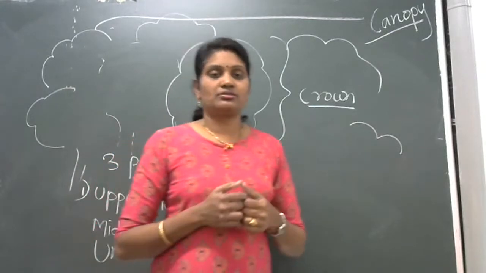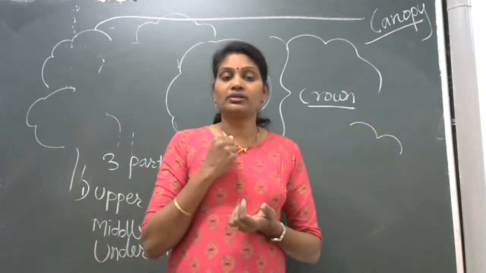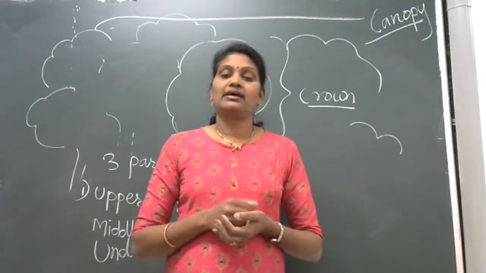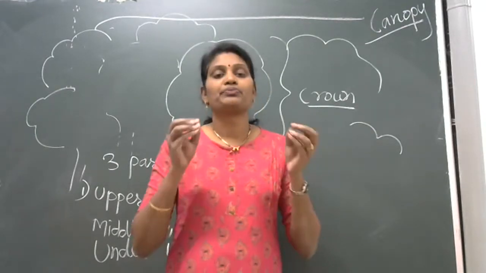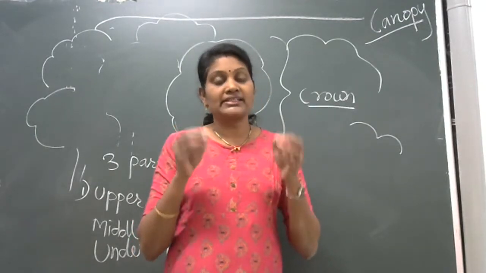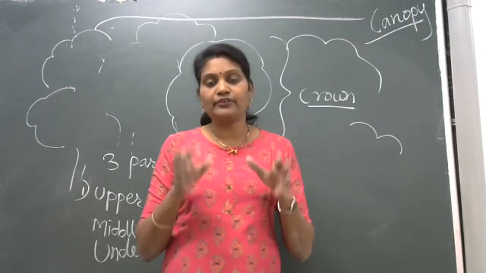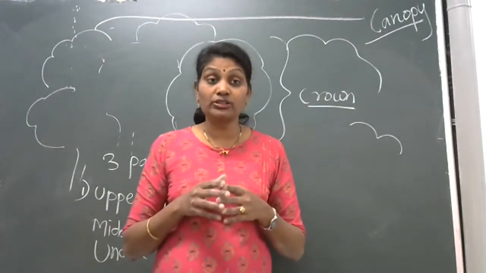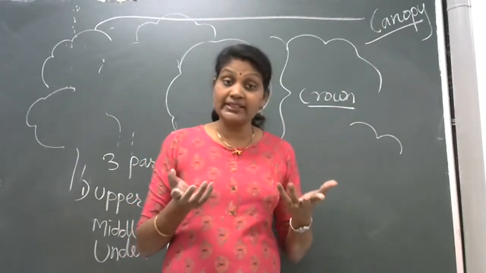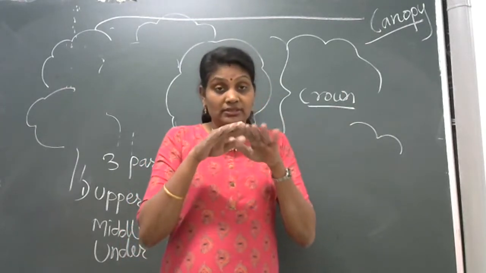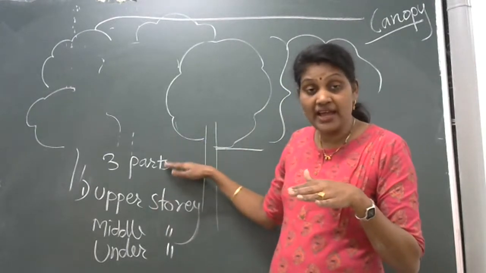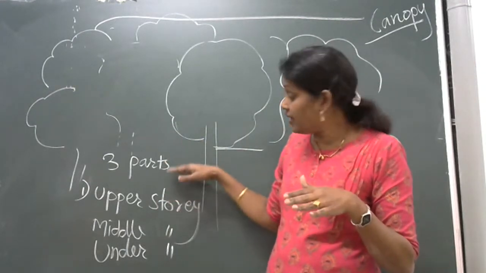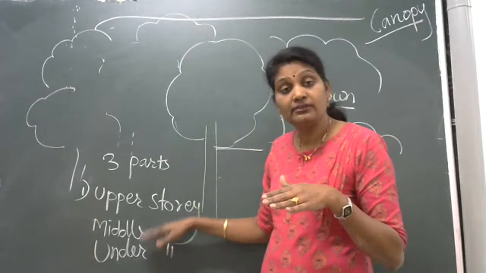In the forest there is a competition for nutrients, for place, and mainly for sunlight, because plants need sunlight to prepare their food. Some plants lie under these big trees, they are the understory, and they do not get enough sunlight.